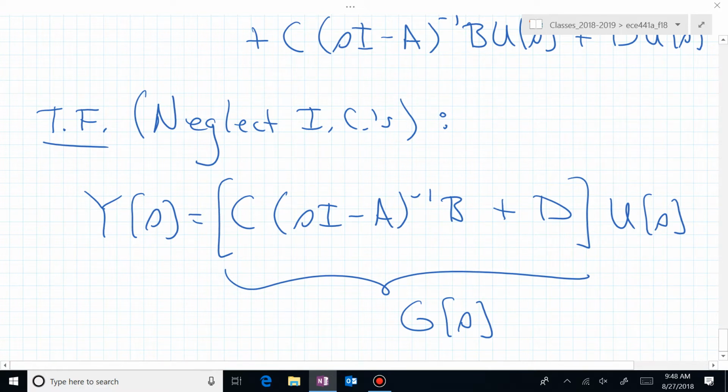G of s in terms of state space matrices is C SI minus A inverse B plus D.